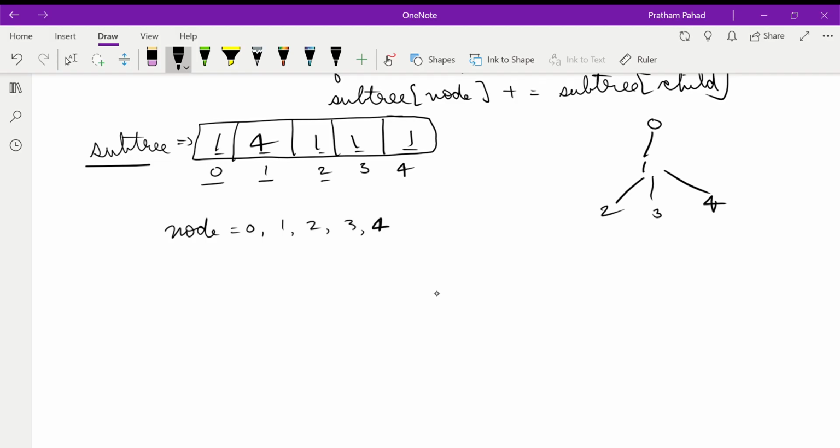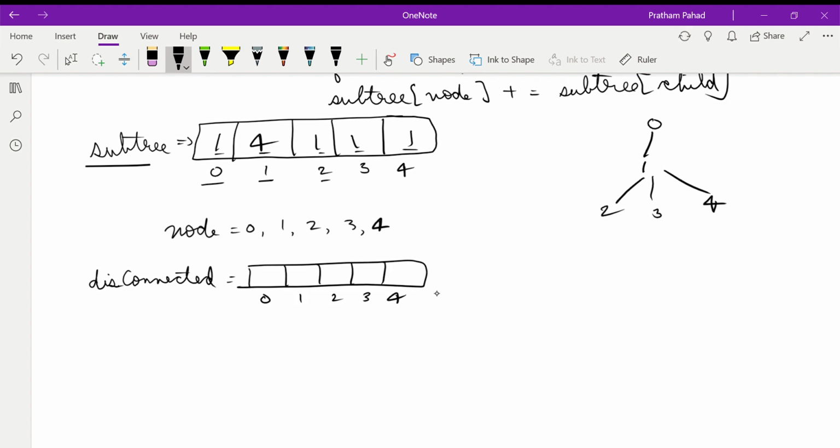We'll have a disconnected array, which will store, for any index 0 1 2 3 4, that if I remove this node, then how many pairs will be disconnected. If I remove this one node, then how many pairs will be disconnected.